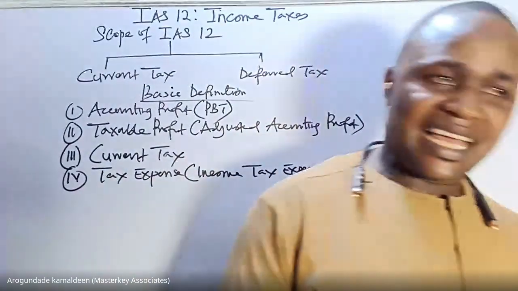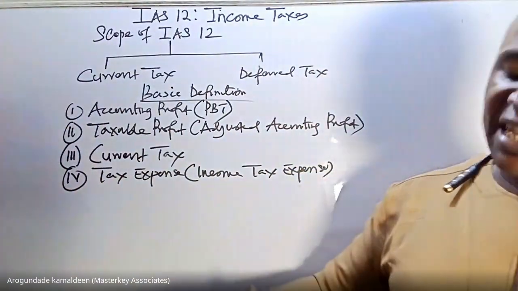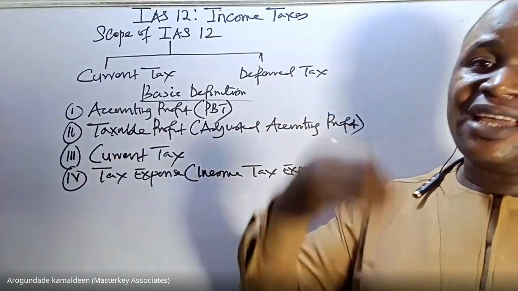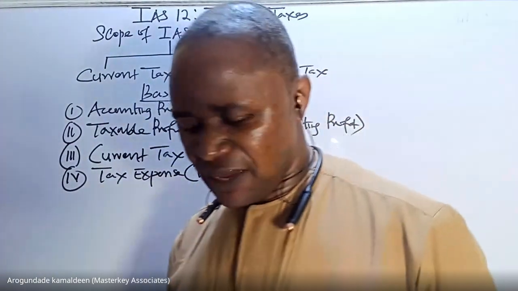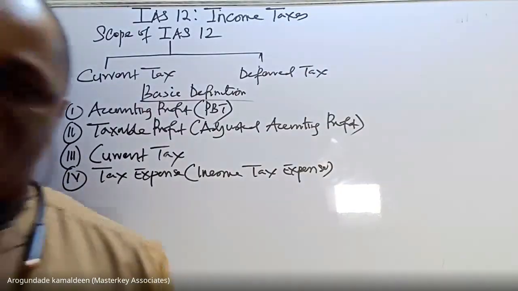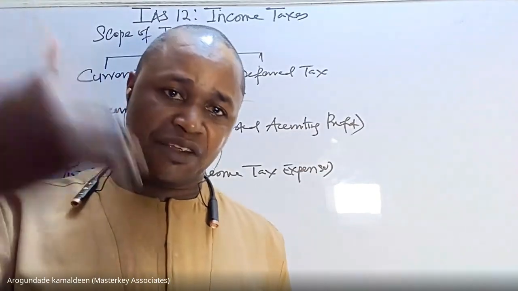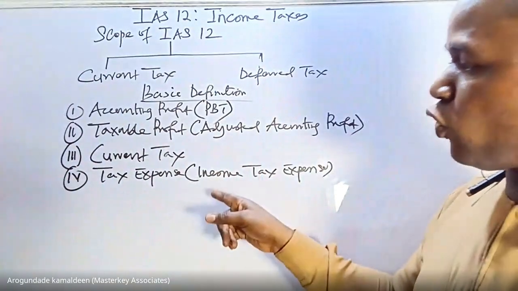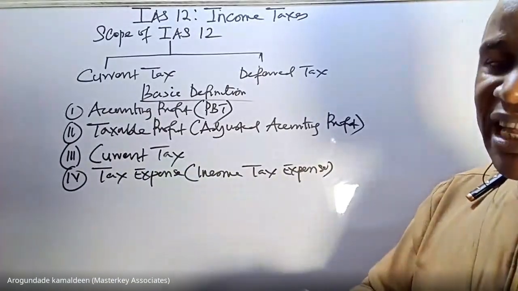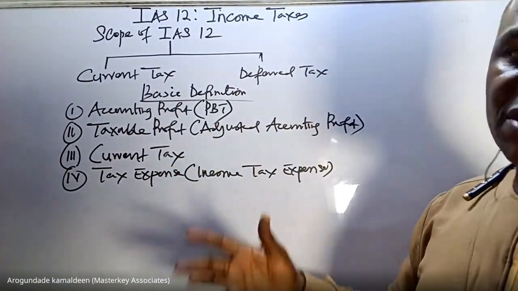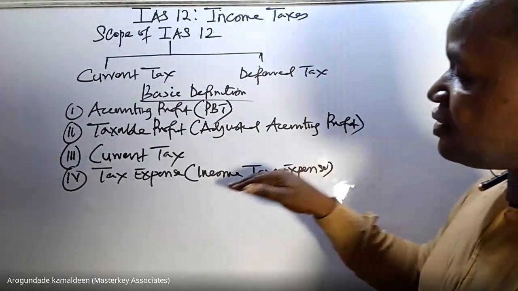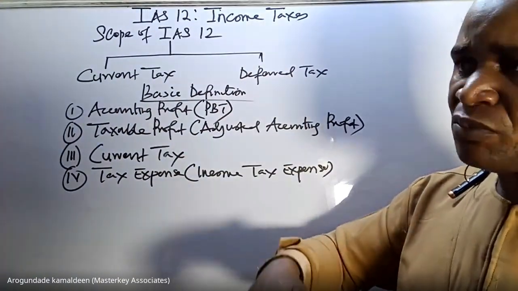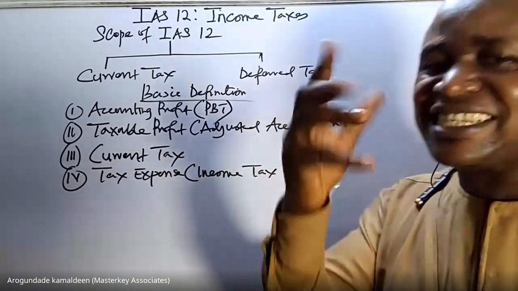Now, the tax expense or the income tax expense, this is the aggregate, the total, in respect of the current tax and deferred tax. Hear me? That is why the stakeholders are more concerned about regulation of the income tax, because the income tax expense figure you always have in the account consists of 3 items.